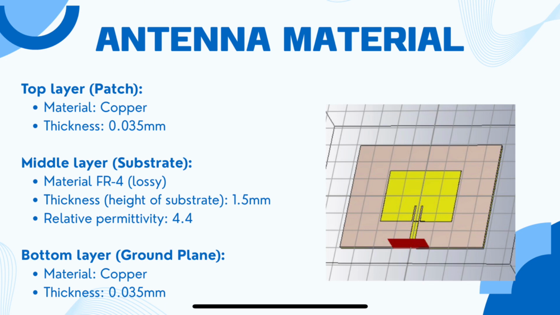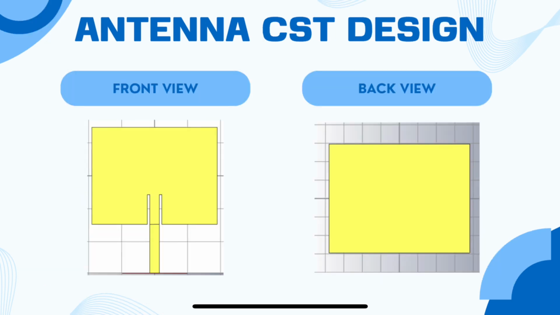And this structure is simple, cost-friendly and suitable for Wi-Fi or Bluetooth devices. And lastly, here's the CST model showing the front and back views. The front shows the patch with the inset, while the back is the full ground plane. This simulation helps check performance before the fabrication.